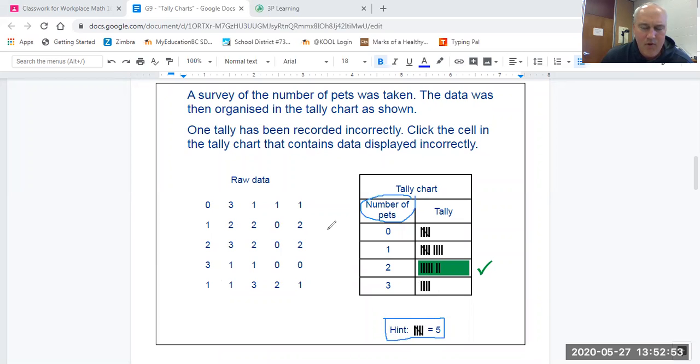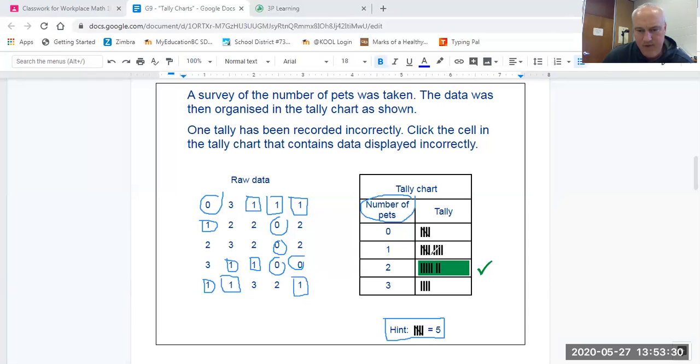Now, in reality, what we want to do is tally up all of these. If I look at all the zeros, I would go 1, 2, 3, 4, and 5. And so this looks right. We got 1, 2, 3, 4, and then a slash through 5. Now, if I look at the ones, I've got 1, 2, 3, 4, 5, 6, 7, 8, and 9.